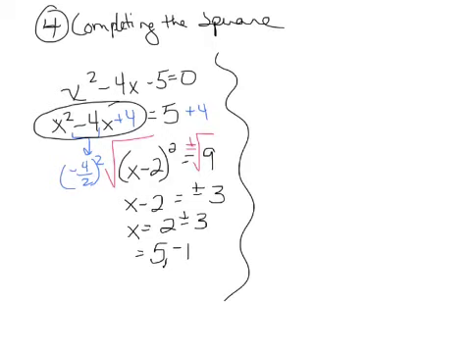Now let's say this becomes a little bit more complicated. Let's say I have 2x squared minus 8x minus 10, and that's going to equal 0.